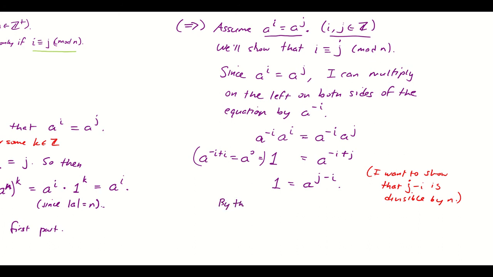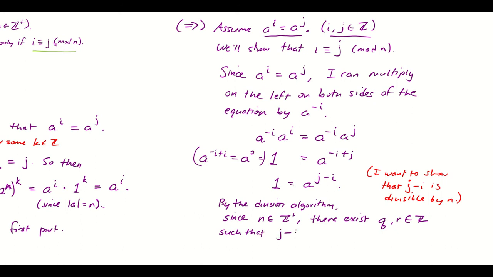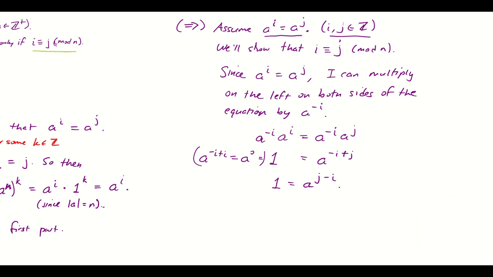By the division algorithm, since n is a positive integer, there exist q and r integers such that j minus i is equal to nq plus r, and 0 is less than or equal to r is less than the thing that we are dividing by, which is n.